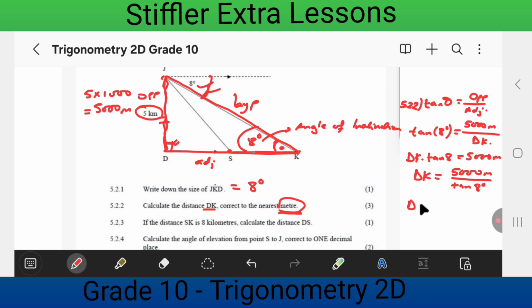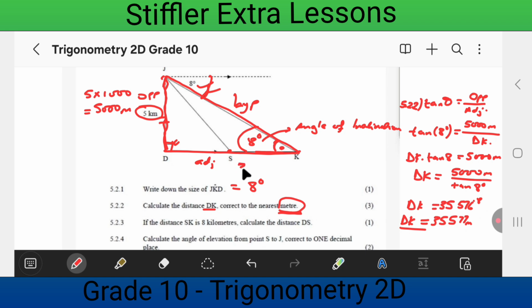Now we can find that our DK is equivalent to 35,576.8 meters, which we can now round off to the nearest meter, which gives us 35,577 meters. So that is the length of DK.